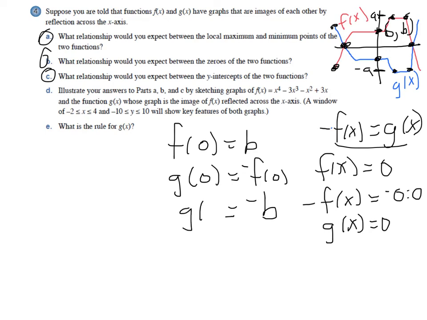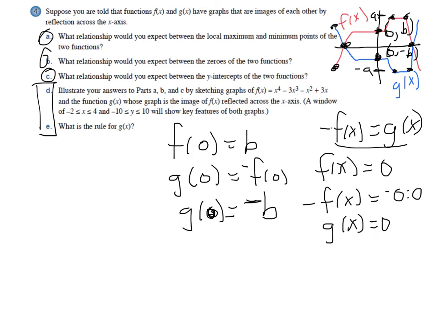So g of 0 is equal to the opposite of b. So the coordinates up here are 0, opposite of b.